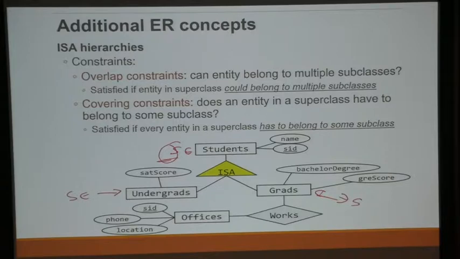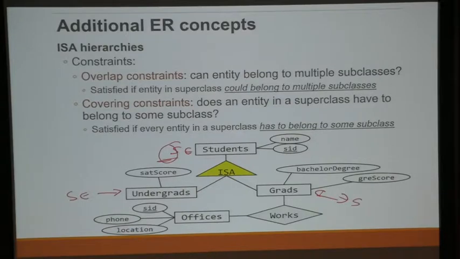In general, the overlap constraint cannot be enforced without tricks. Okay, some of the tricks are basically the use of triggers. Triggers can allow you to capture constraints that belong to multiple tables.